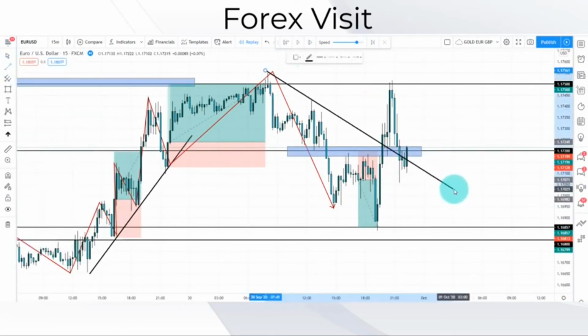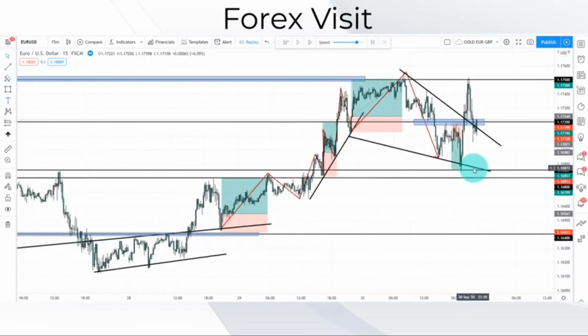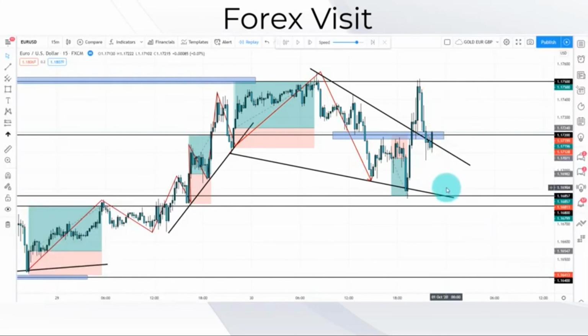Now time to draw a supportive trend line. Here you will see that candle got rejection through trend line and candle break support zone as well.